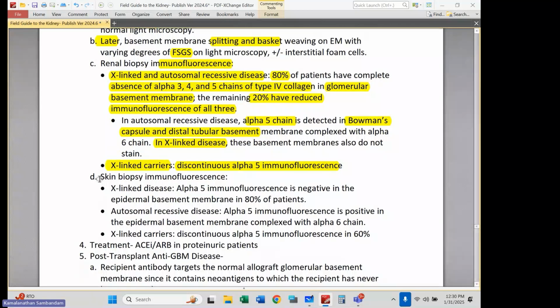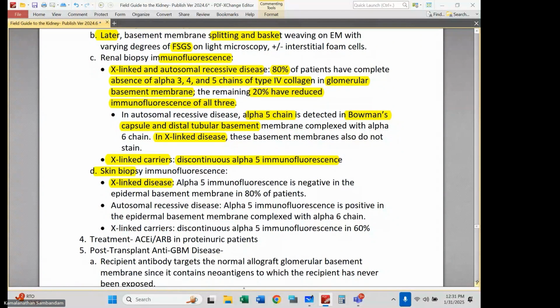Moving now to skin biopsy findings. X-linked disease means I'm a male with my one alpha-5 chain that's inherited and abnormal. Then I'm going to see no alpha-5 chain on a skin biopsy.